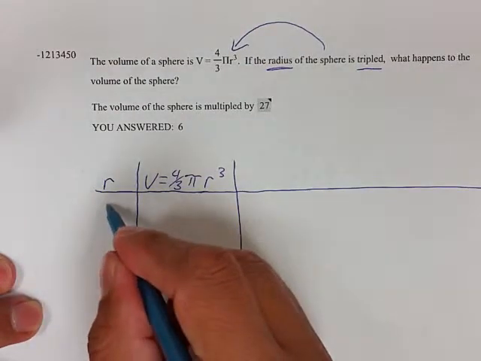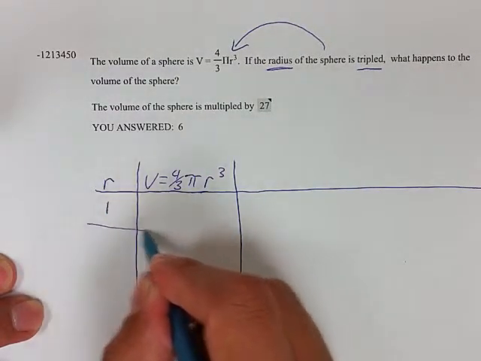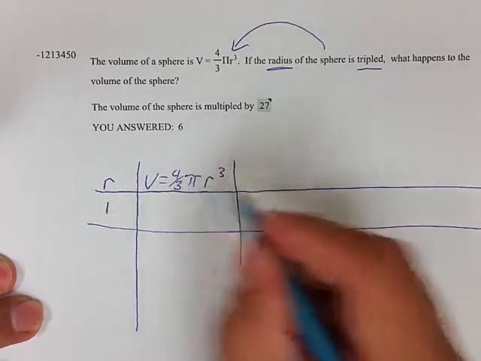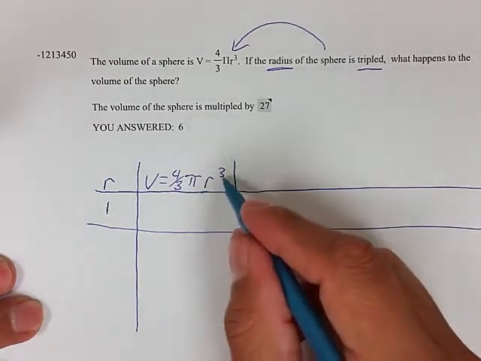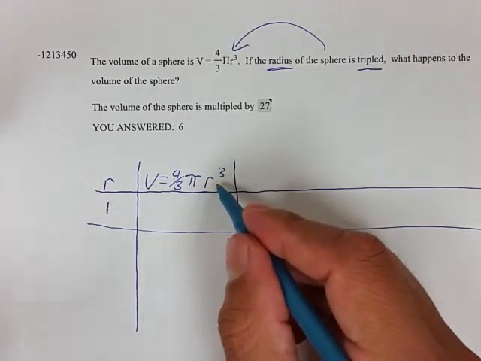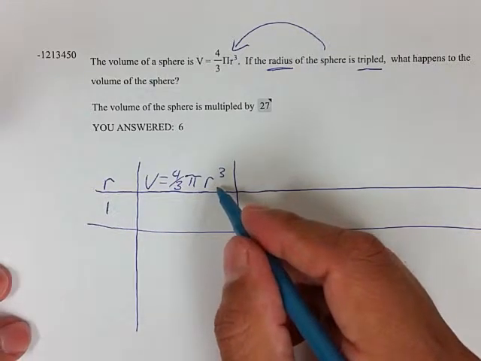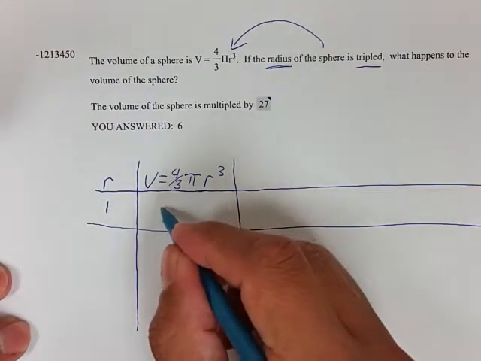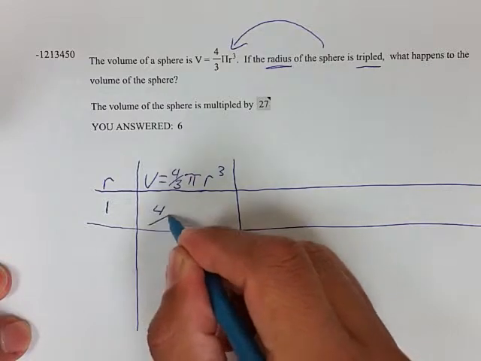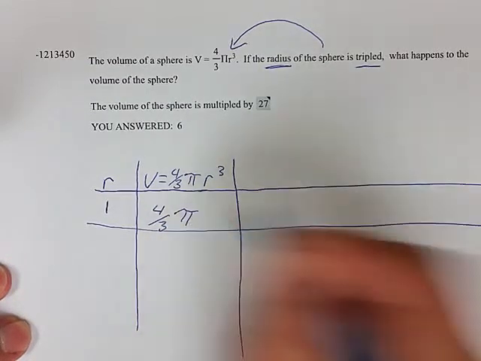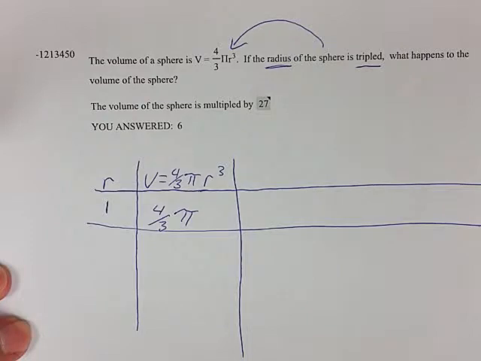Let's take a radius of 1. If I plug that into 4/3 pi r cubed, if r is 1, 1 doesn't do anything. When you cube it, it's still 1. So you end up with 4/3 pi. I don't think I need to show my work for that.